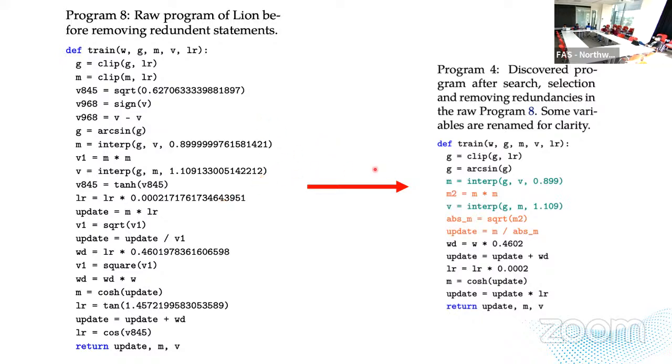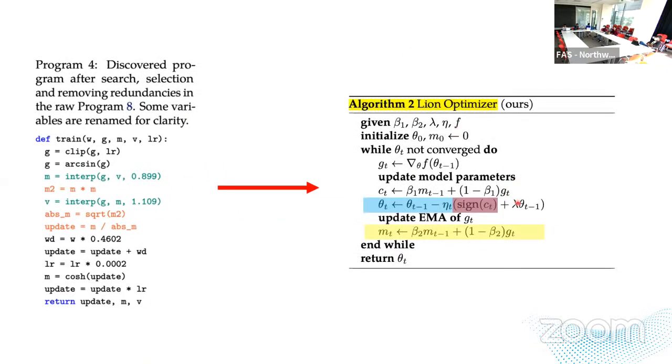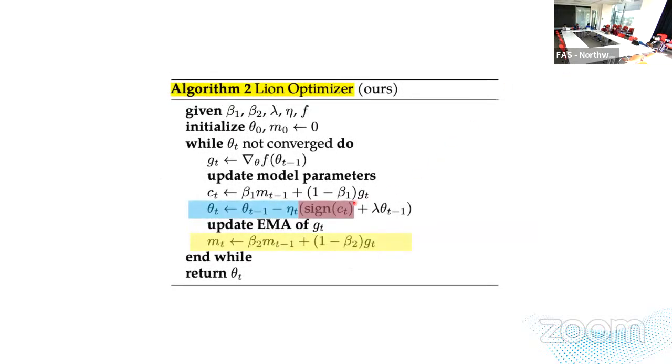So after cleaning this optimizer and writing it as pseudocode, what we essentially have is the first moment of the gradient.